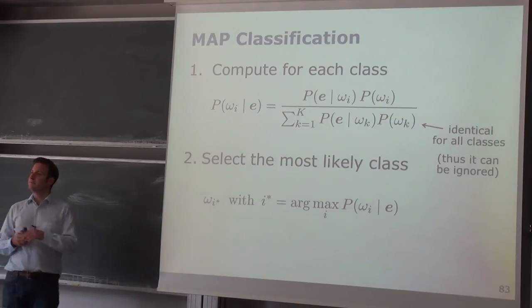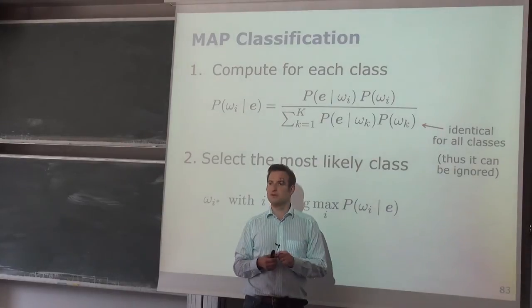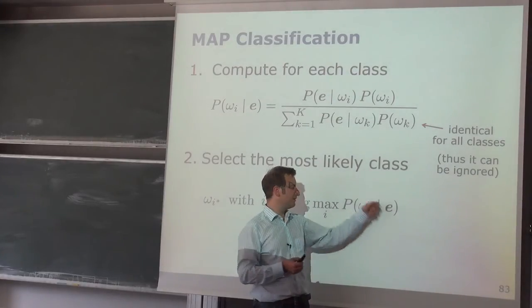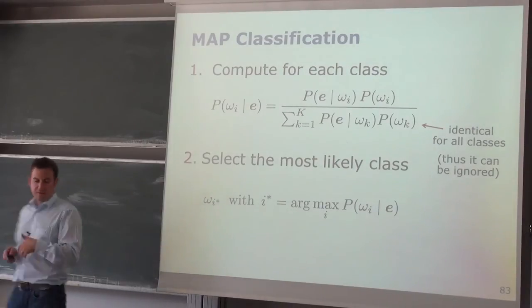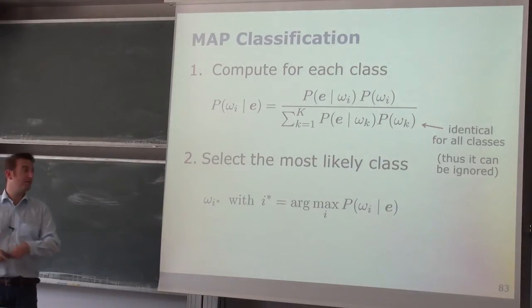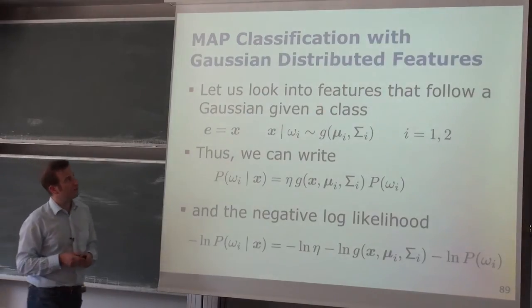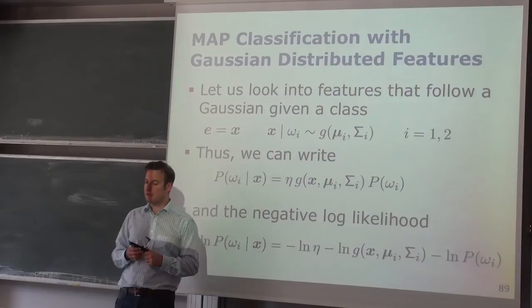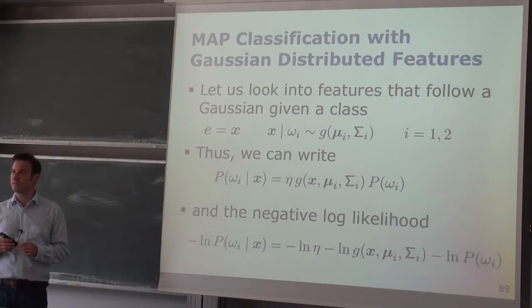Okay, now obviously this depends on how these probability distributions look, right? This may be a very complex probability distribution that may be hard to obtain. If these are very simple probability distributions, maybe just simple histograms, that's much easier. And therefore, I would like to look into how MAP classification looks with Gaussian distributed features.